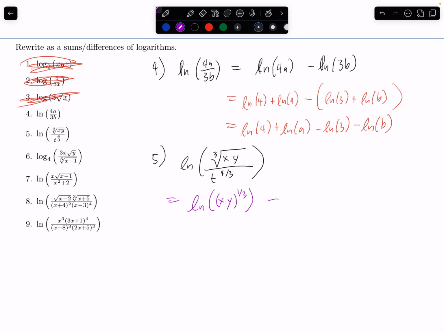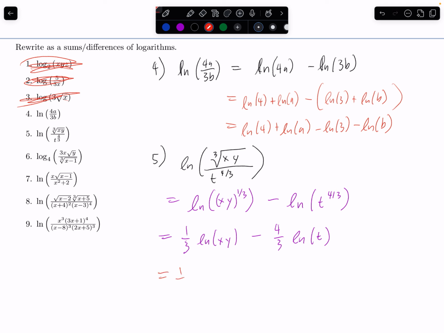So I have a division, that means it's changing to a subtraction, right? ln of t to the 4/3 power. And now I'll take care of those powers by just bringing them right to the front. So that's the 1/3 ln of xy minus 4/3 ln of t. Okay, now this piece, I got some multiplication going.